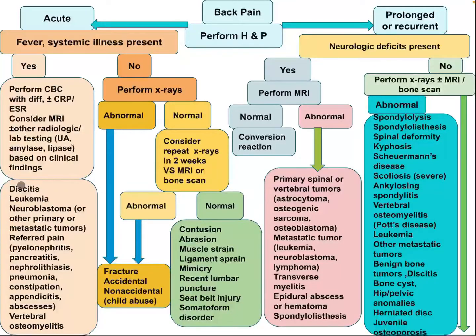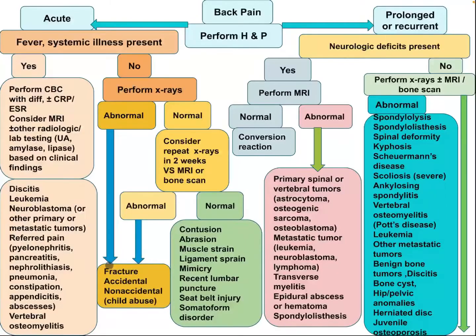Differential diagnosis: discitis, leukemia, neuroblastoma, or other primary or metastatic tumor, referred pain like pyelonephritis, pancreatitis, nephrolithiasis, pneumonia, constipation, appendicitis, abscess, vertebral osteomyelitis. If it is acute and no systemic illness is present, perform X-ray.